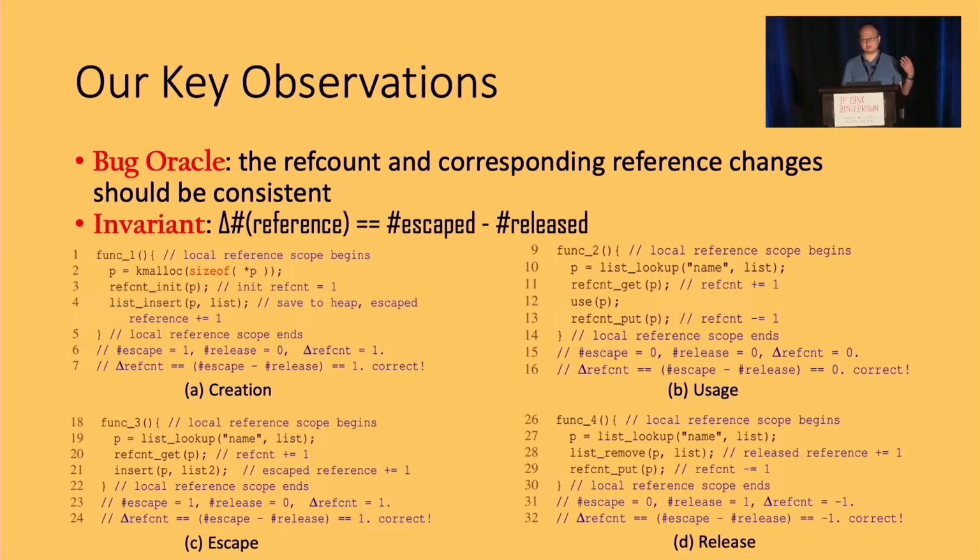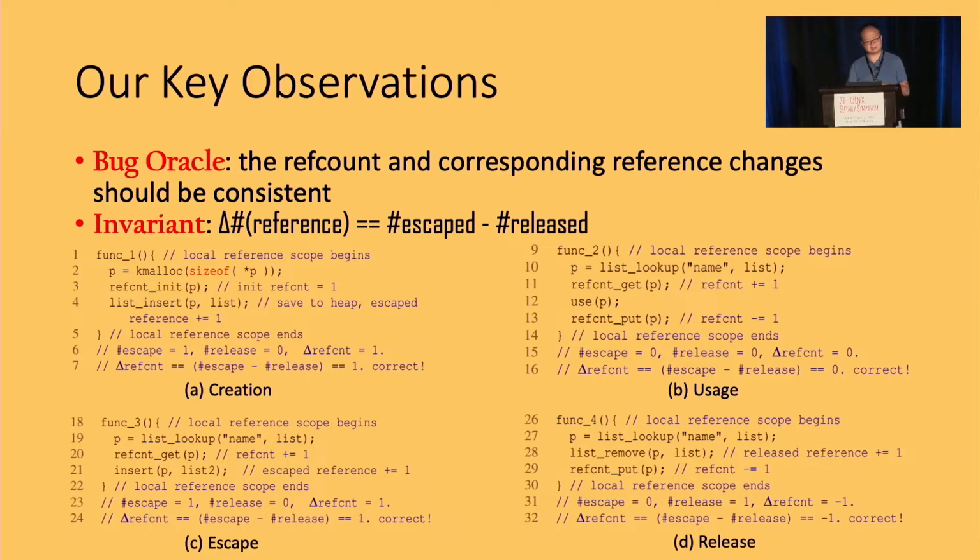The first is creation, when a heap object is created, until that object is stored permanently in the heap. The second is usage, where you borrow the pointer and then you use it, and after that you are done. The third one is escape, meaning that you are borrowing a pointer, but then you are going to store that pointer in another heap object.